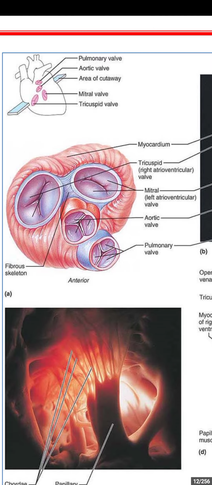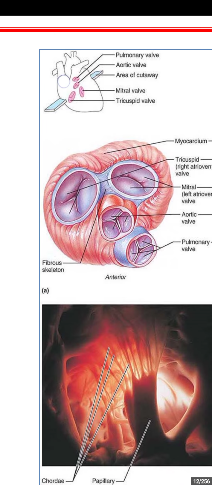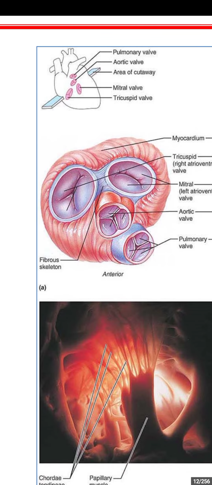This is also a good example of the pulmonary valve position. The pulmonary valve flows from the right ventricle to the pulmonary trunk, and the aortic valve from the left ventricle to the aorta.